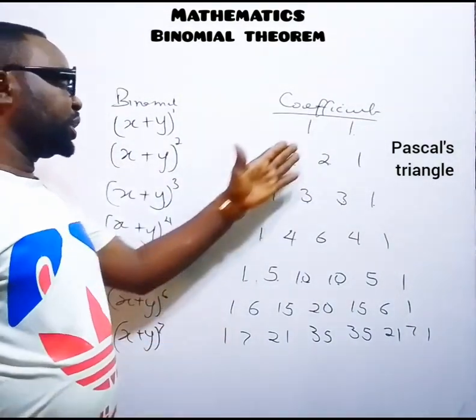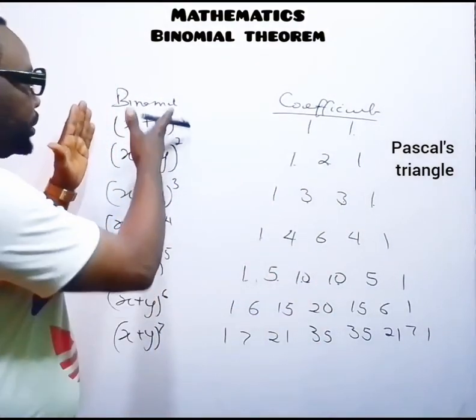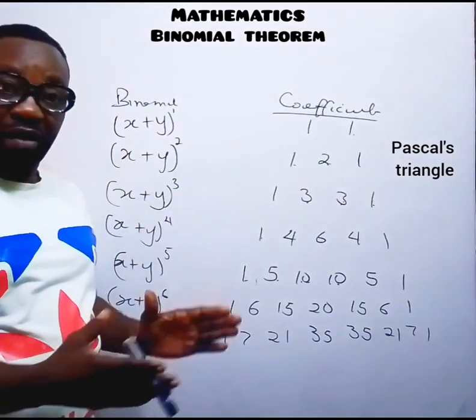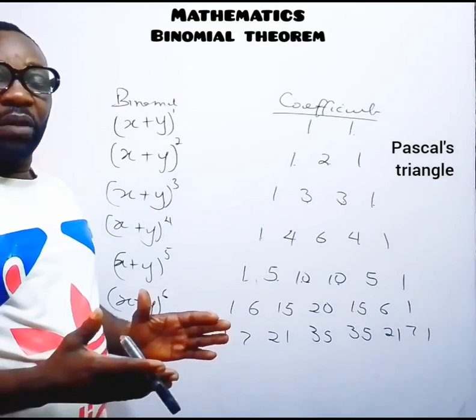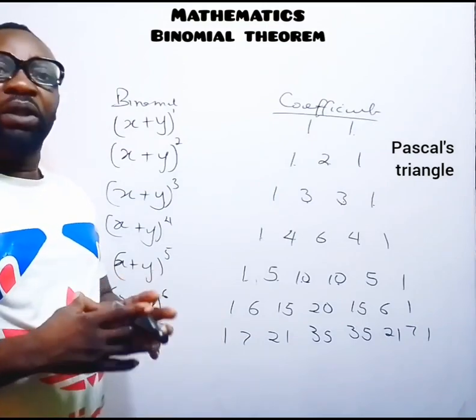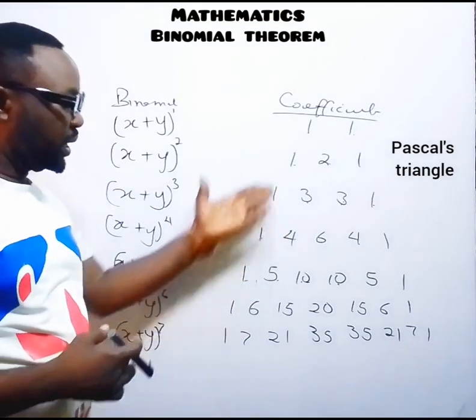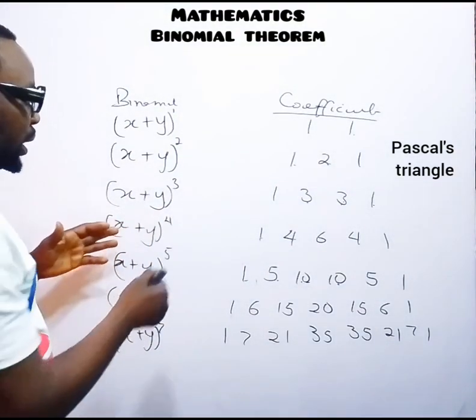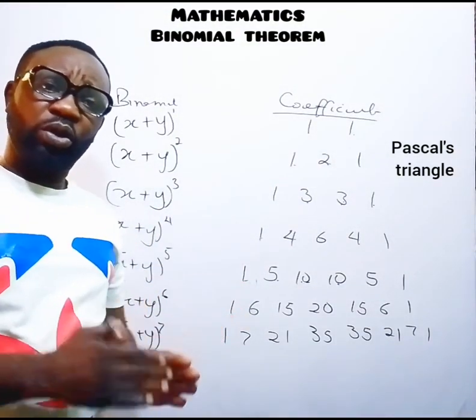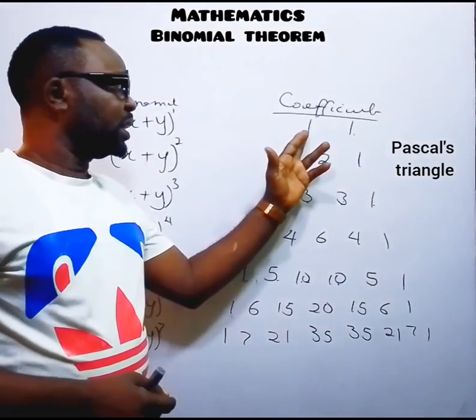Now, what are the things you need to deduce from this? These are the coefficients that this set of expressions are going to have. I'm going to show you a particular question, and then you see the coefficient, then we'll relate it with this. The first thing you also need to know is this. Look at this first expression.